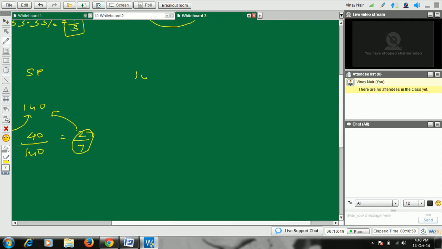Say we have 100 plus, say 60%. 100 plus 60 is 160. So 60 upon 100 is nothing but our 3 by 5. So profit is 3/5 of the cost. So how much is it of sales? So this will be 3 by 8.